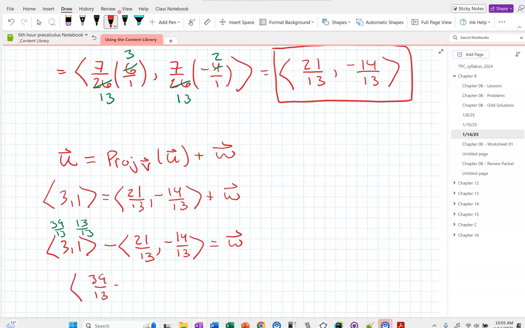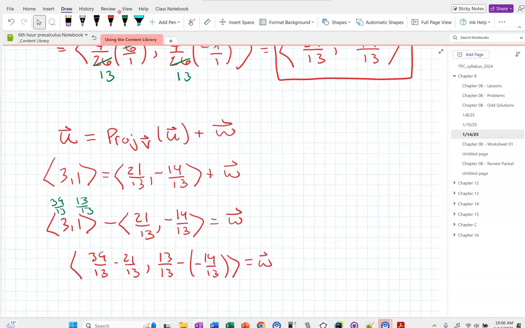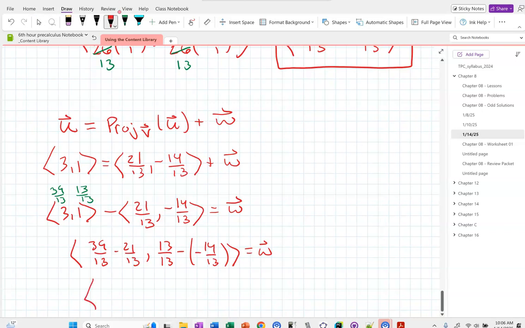So I have 39 over 13 minus 21 over 13, comma, 13 over 13 minus a negative 14 over 13. So I get then 18 over 13, comma, 27 over 13. That's my w.